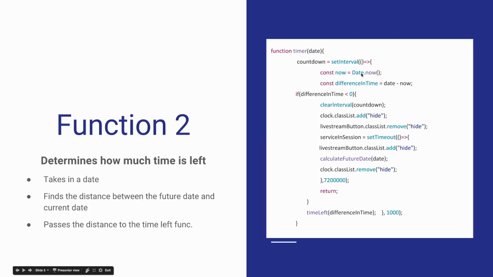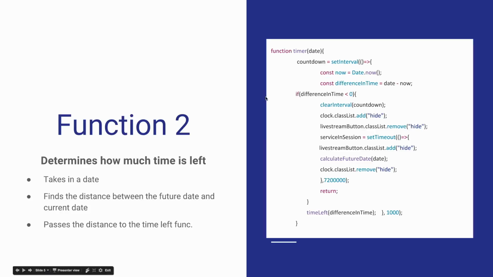So we snag the current date using this Date.now. We pass it into this variable, and then we subtract what we passed in as the parameter, which is the date we calculated, and we find the difference and place it into this variable right here, difference in time. So this is the distance between the future date and the current date.